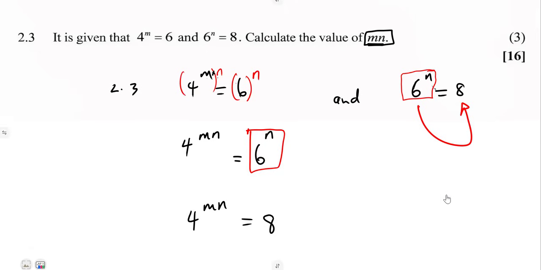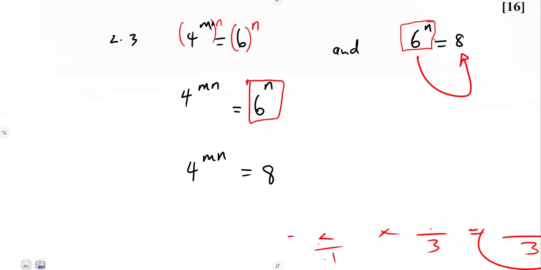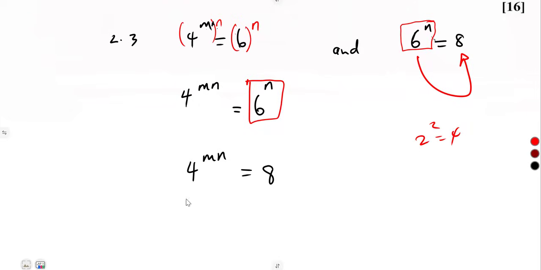We can simply write these two in the same base. 4 in simplest form is 2 squared, 2 to the exponent of 2, to the exponent mn already, is equal to 8 in simplest form, 2 to the exponent of what? Of 3. Remember what I just said before. If these bases are the same, automatically the exponents are equal.